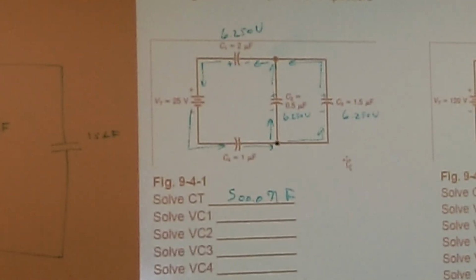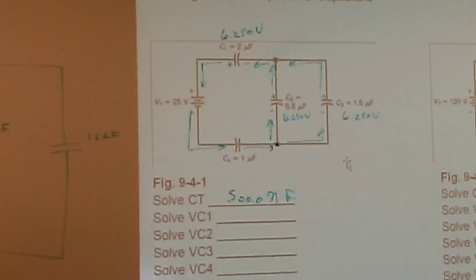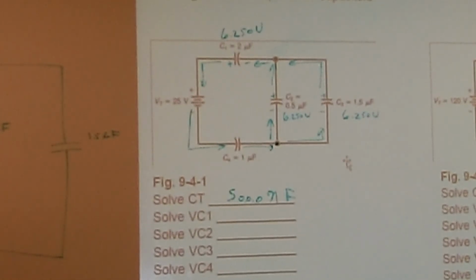The current's going to start coming out of our power source and go into our first current node. Some of this current's going to flow through here, and the remainder is going to come up and flow through here.